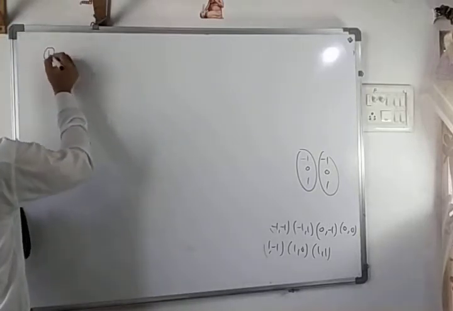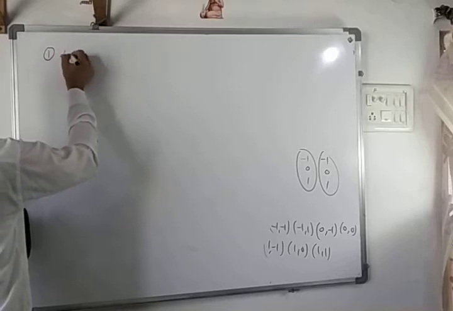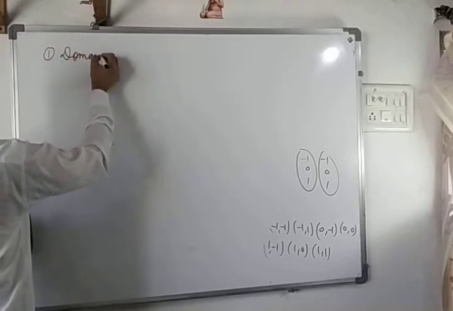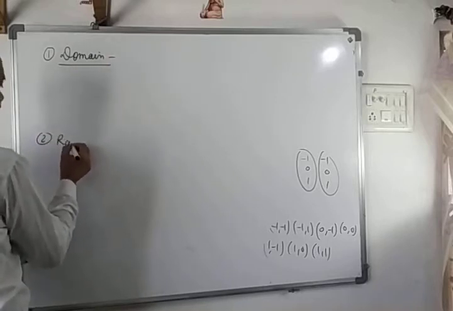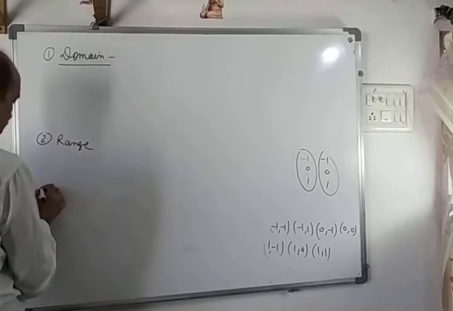So the first term that we are going to study over here is domain. Then second is range. And third is codomain.